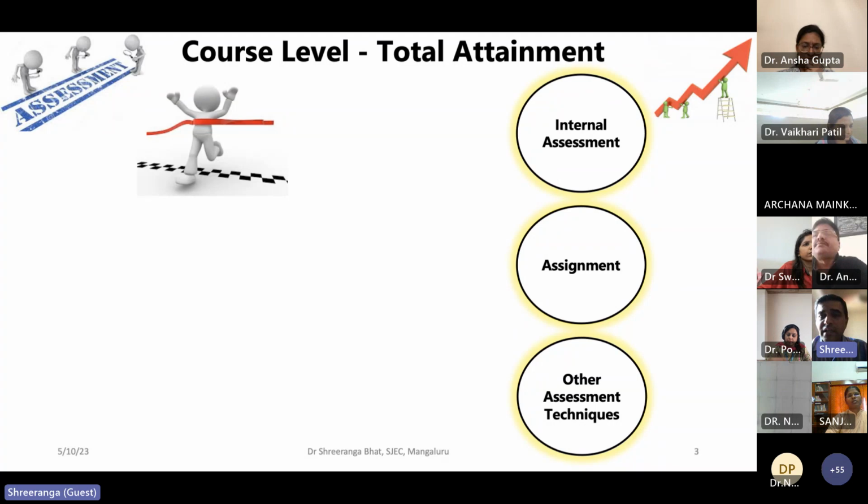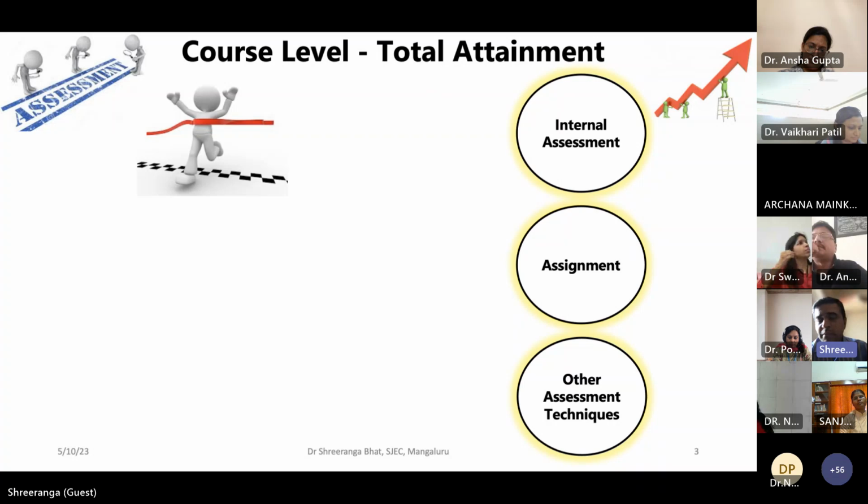Now, in the autonomous system it is not a big deal, but in the affiliated system, we need to send a group of marks to the affiliated university, saying that this is the internal mark. Then they are going to add the external examination mark, and then they get the final marks for the student. So we want to differentiate between attainment and marks.